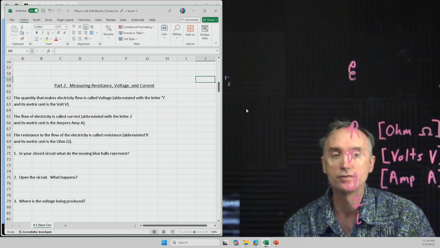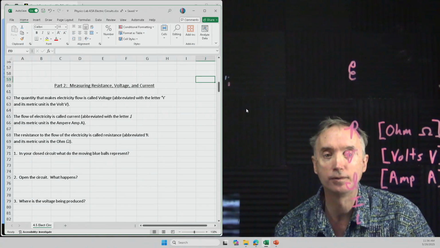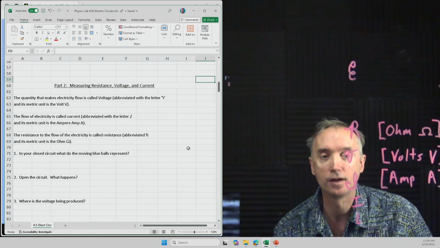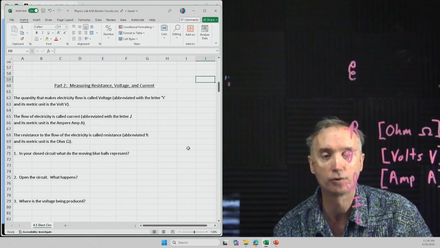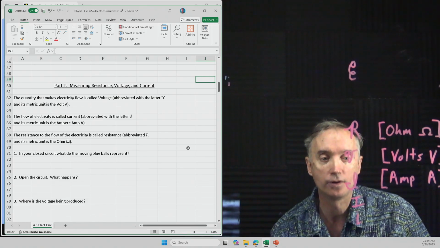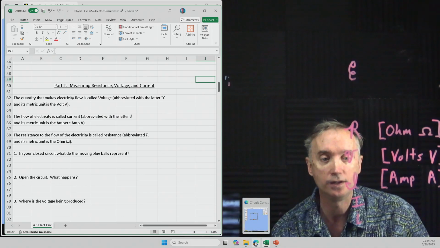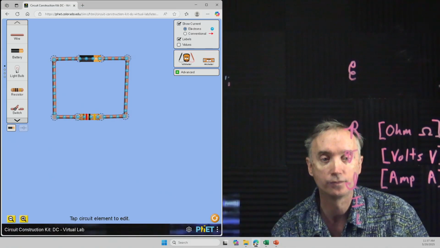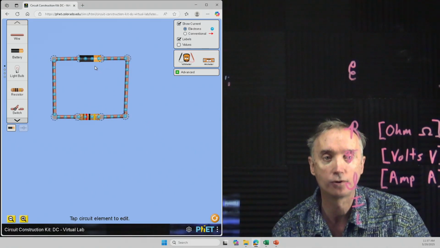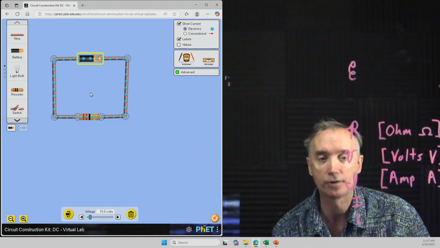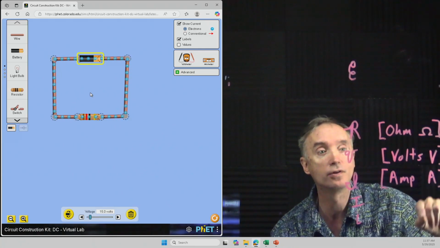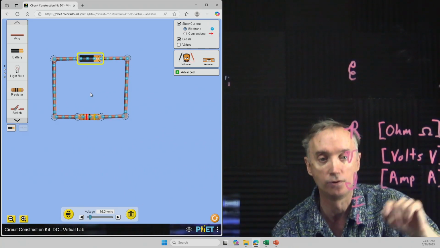And so we're going to go and adjust some of the parameters on our simulation. If we go back to the simulation here, I've already done it for you, but if you click on the battery, I want you to adjust the voltage so that it's 15 volts.